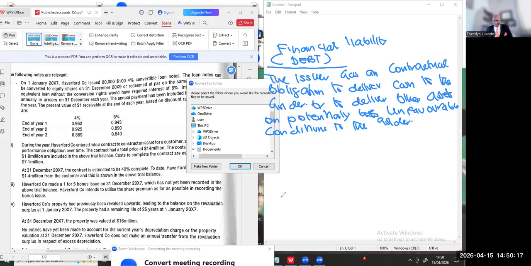Now, what about an equity instrument? Equity instrument.